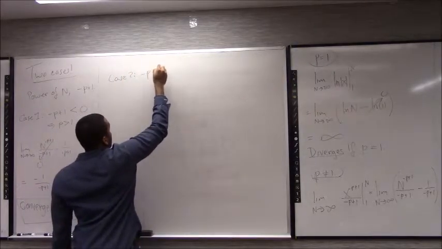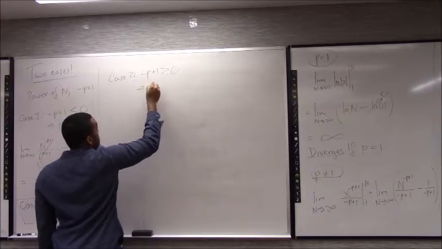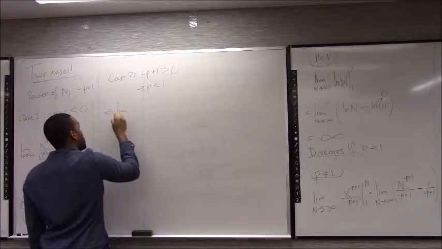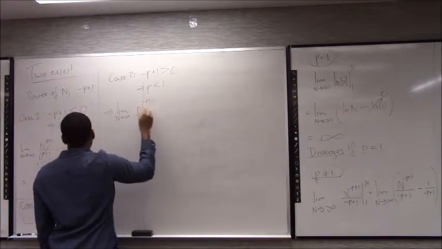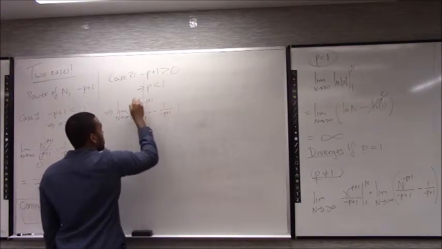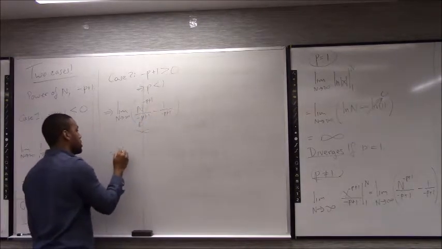If minus p plus 1 was actually positive, this means that my p is less than 1. Then that would mean that my limit as n approaches infinity of n to the minus p plus 1 over minus p plus 1 minus 1 over minus p plus 1 will go off to infinity, so it will diverge.